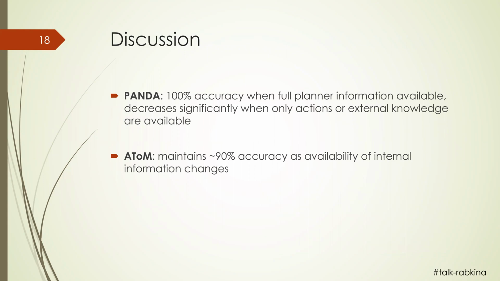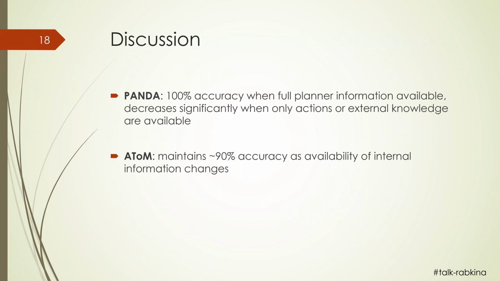So what we've seen here overall is that Panda is at 100% accuracy when it has full planner information available to it, but it decreases quite a bit when it has only actions or only external information available, when it doesn't have access to the actual planner. And it performs even worse when it has to transfer between knowledge conditions.